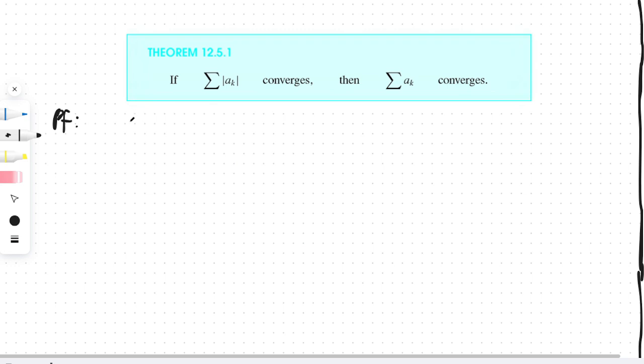Now we just discussed how we're going to use the comparison test within this proof. So the first thing we want to do is show that the things we're going to be comparing are greater than or equal to 0.